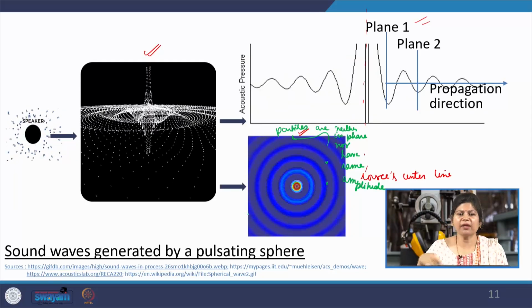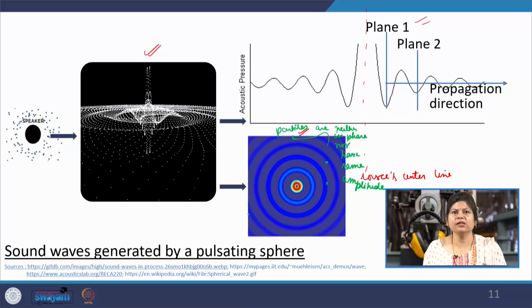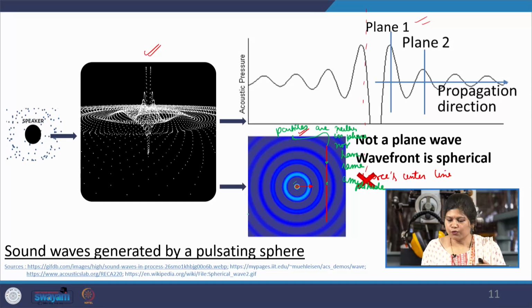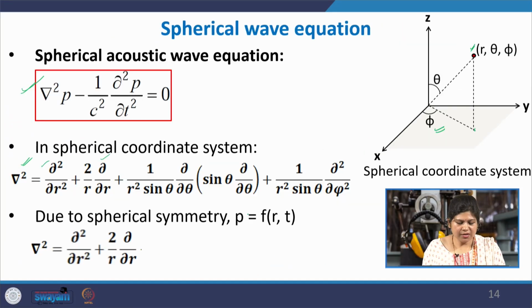It should be independent of theta and phi. It should only depend upon the radial distance from the source. So for that uniform spherical wavefront, del by del theta and del by del phi should be 0, because the pressure does not change with theta and phi. So hence these terms are automatically neglected, and we end up with nabla square being this particular term.